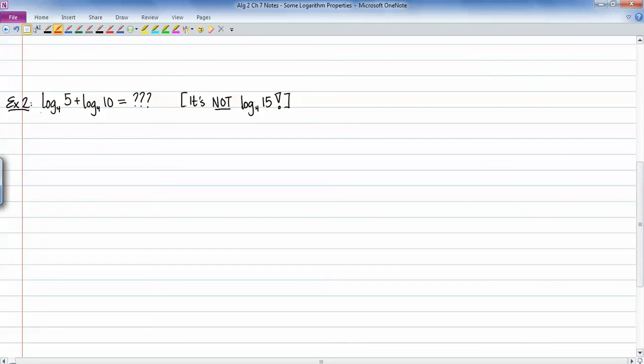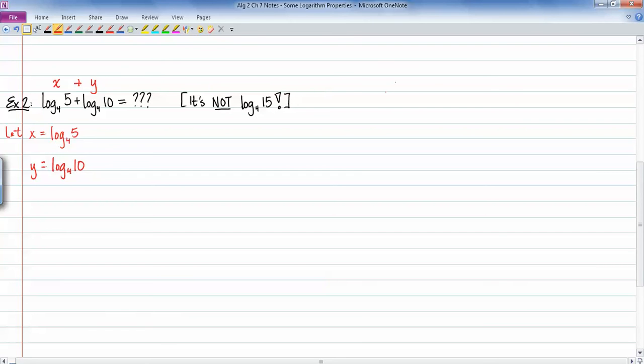But what I'm going to do is call x log base 4 of 5. So the first term I'm calling x. So I'm going to say let x equal that. And we'll let y equal log base 4 of 10. So then really what I'm looking for here is what's x plus y, right? That's the same thing.